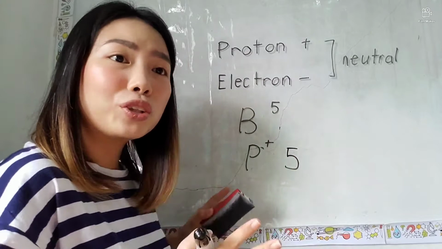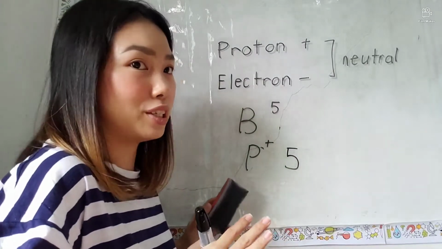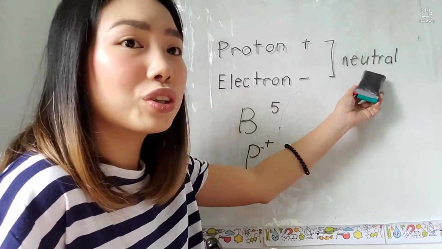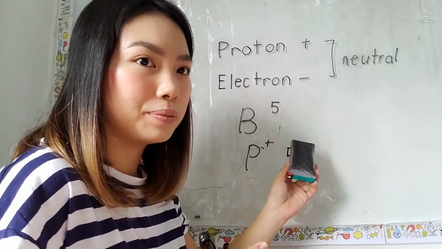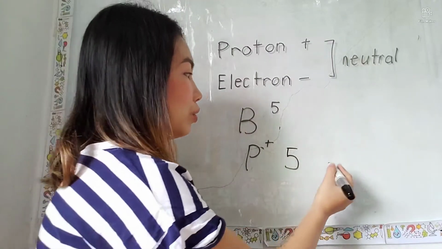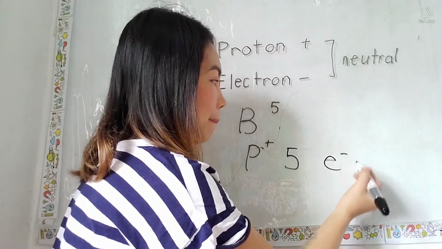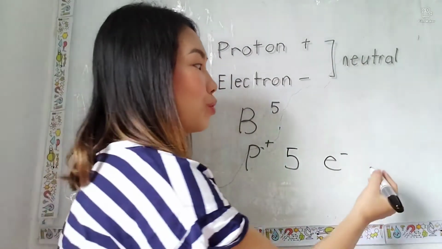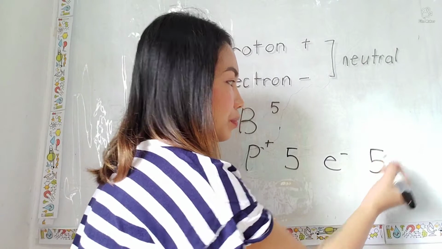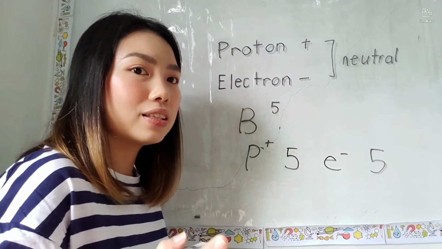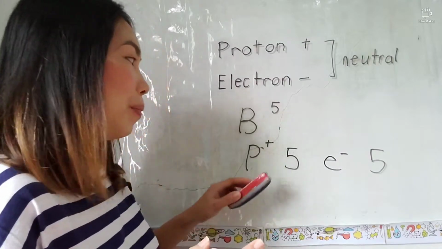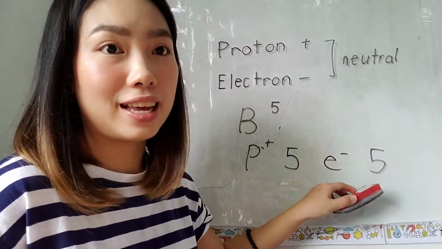Now, kung ang proton ni boron is 5, in the neutral state of boron, its electron will be also 5. Saan lang sila nagkaiba? In the sign of positive and negative.